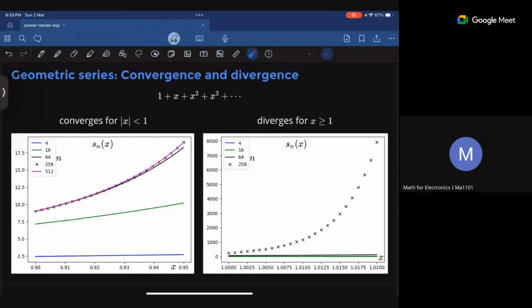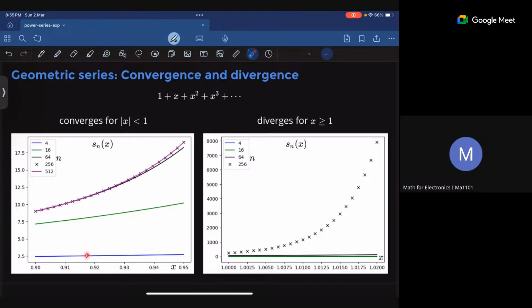So if your x is, let's say, 0.91, it will be like 1 plus 0.91 plus 0.91 whole square plus 0.91 whole cube and so on. This summation will converge to a fixed, proper value, and that you can see from the plots.